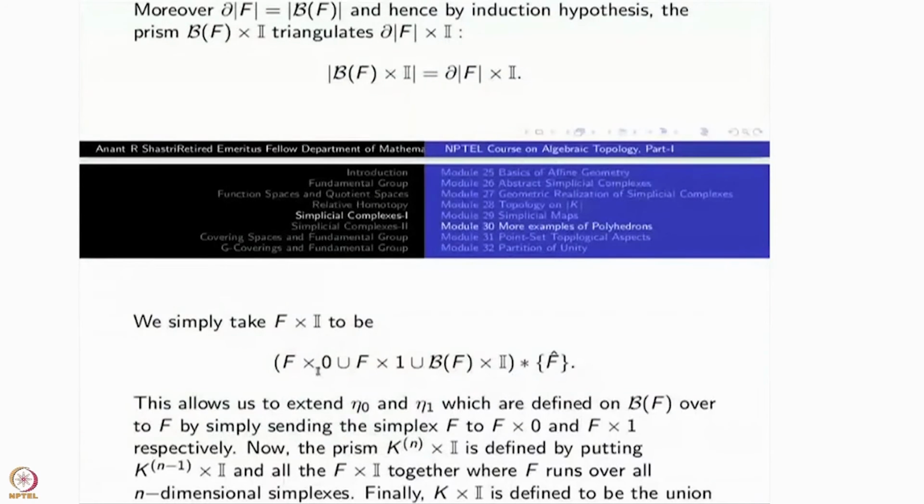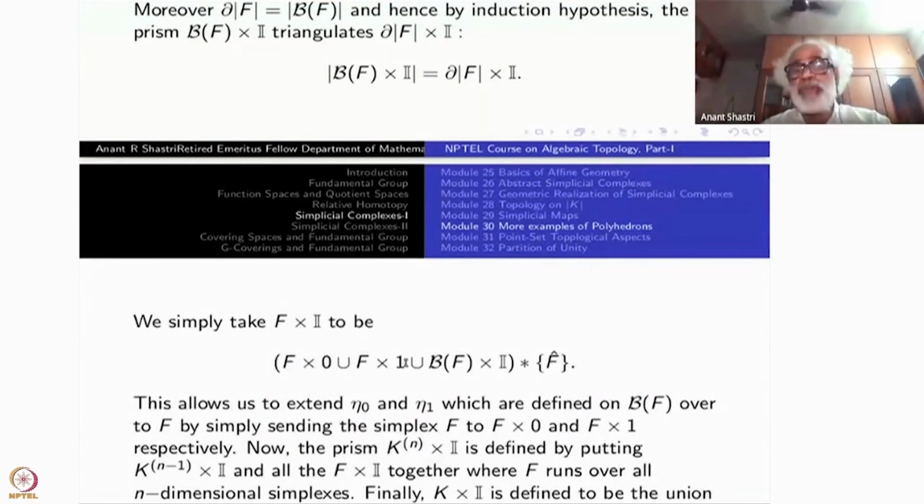So we simply take F cross 0 as it is, F cross 1 as it is. They are copies of F. Union B F cross I. Okay, so this entire thing from here to here describes the boundary of mod B F cross I. So that has been given the structure. Take the cone over F hat.